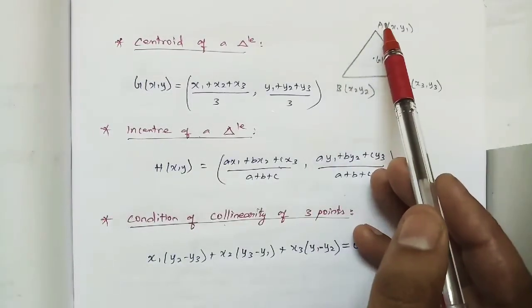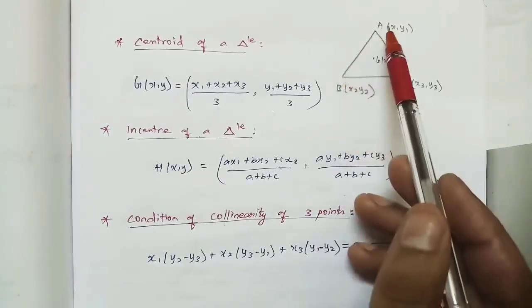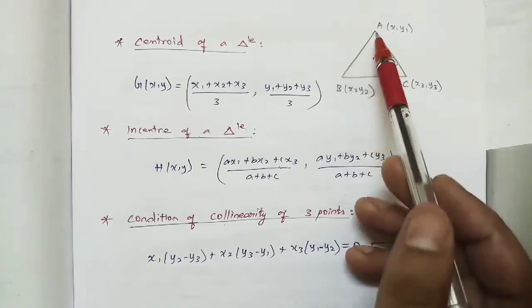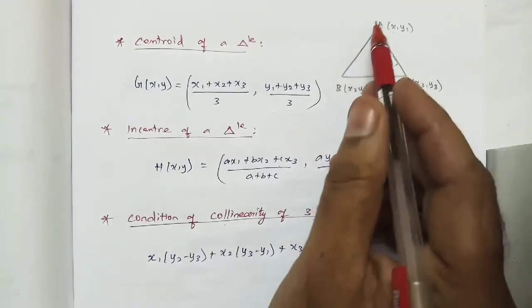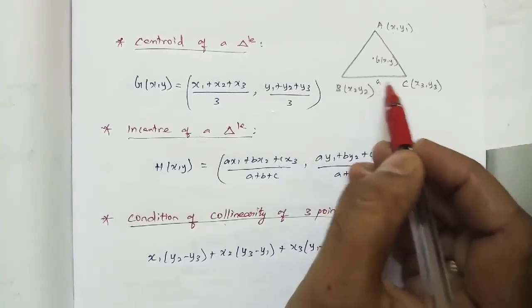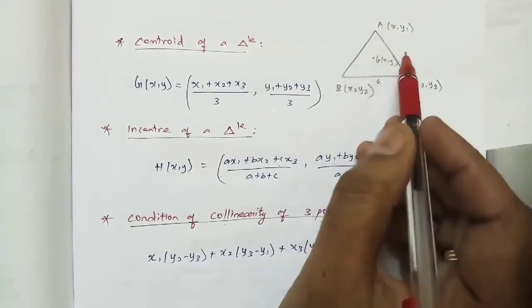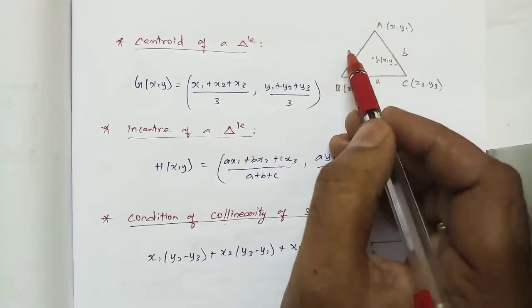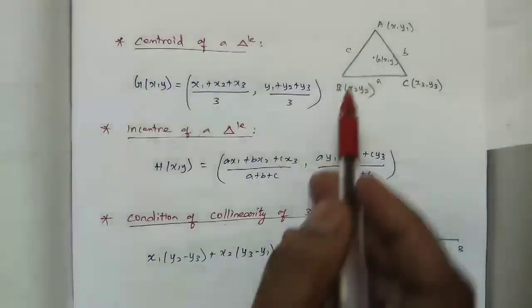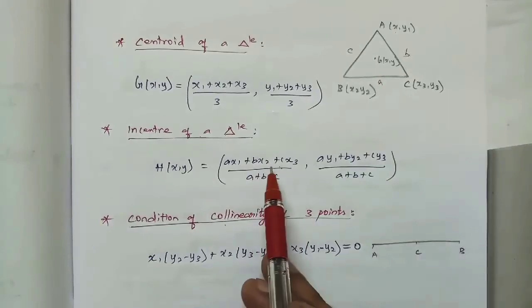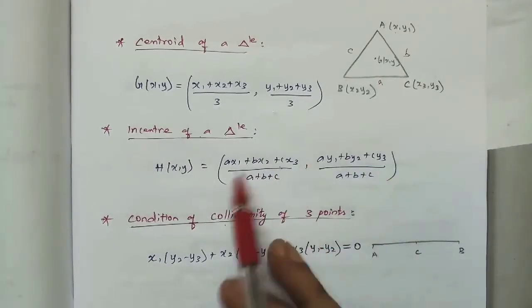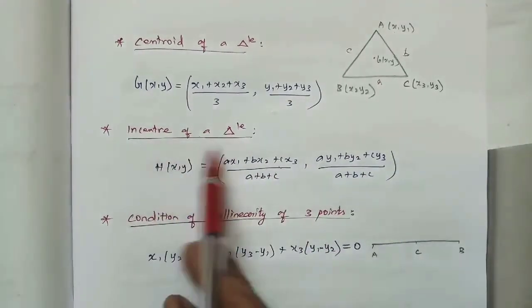If we know the coordinates of A and B, then we can find the length of AB by the distance formula. BC is the length a, AC is the length b, and AB is the length c. Understood? So with the help of finding a, b, c, and knowing x1, x2, x3, y1, y2, y3, substitute in the formula and find the incenter of the triangle.